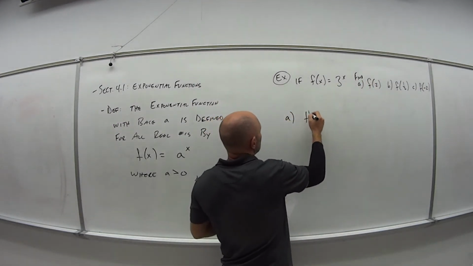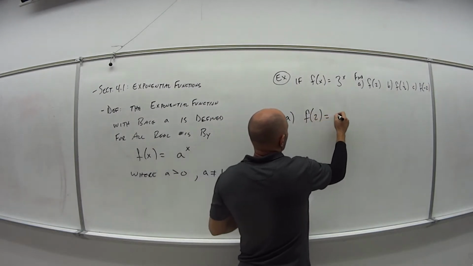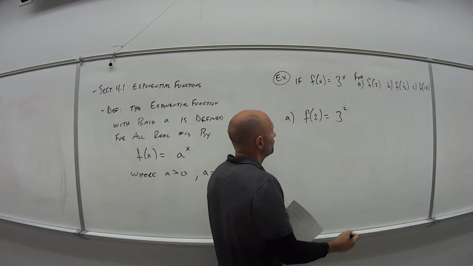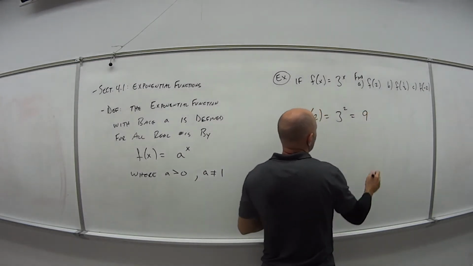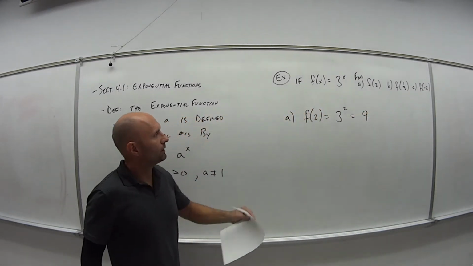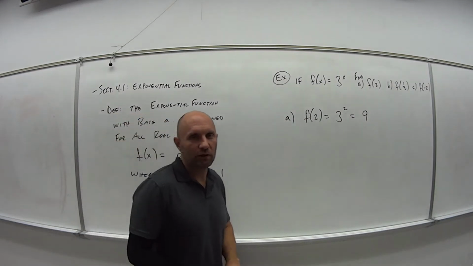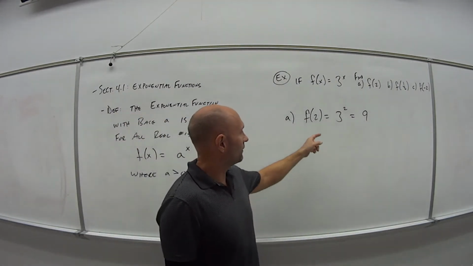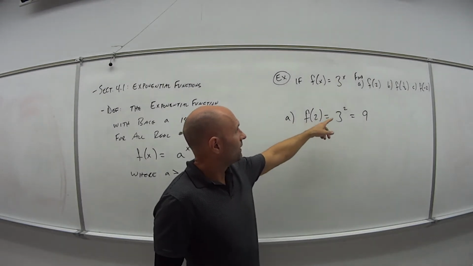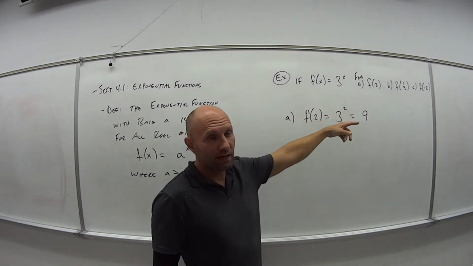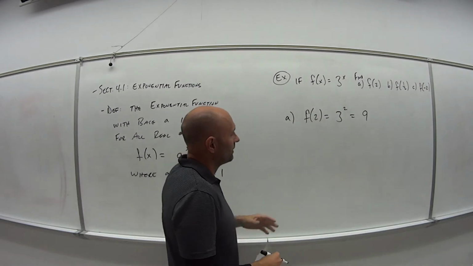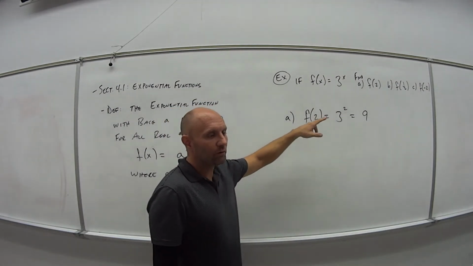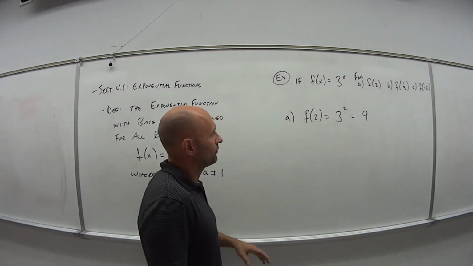So f of 2 would be 3 to the second power, which is 3 squared, 9. You've probably heard the expression, it's growing exponentially. That's what they're talking about here. When x is 2, if our base a is 3, it's already 9. It's already getting to be a big number. So you can imagine as this becomes 5, 10, 100, 1,000, the numbers are going to be huge.